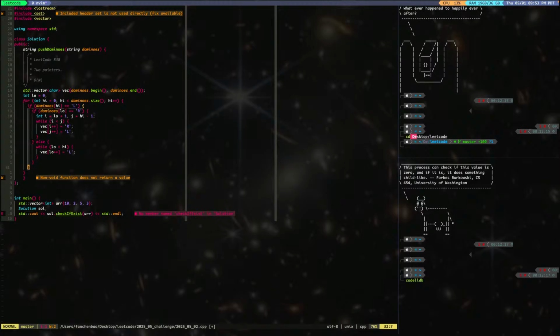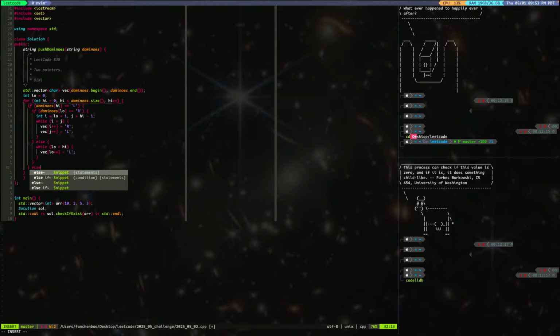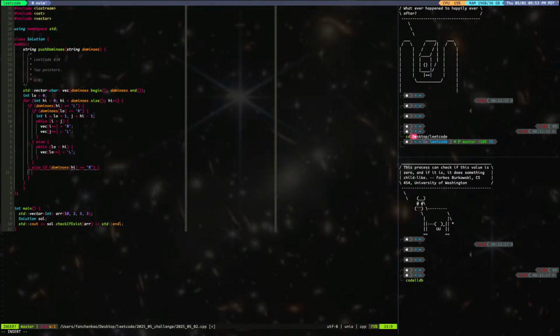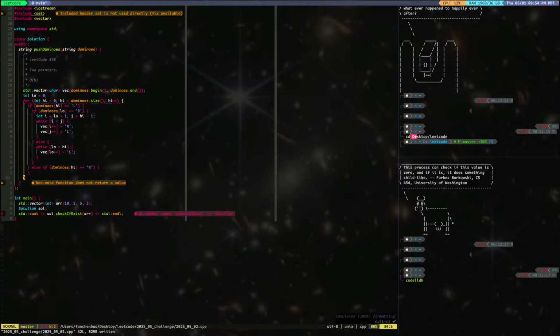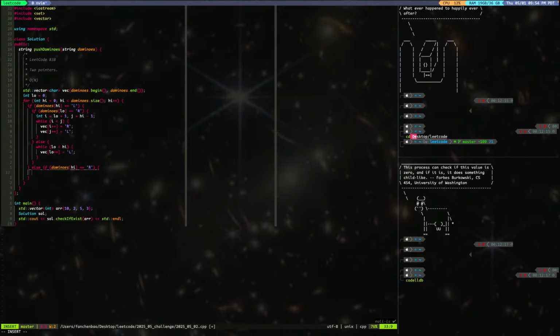So that's it. Now we have else if dominoes high is equal to R. Again, I need to check if low is equal to L, then we don't change anything, we just move.